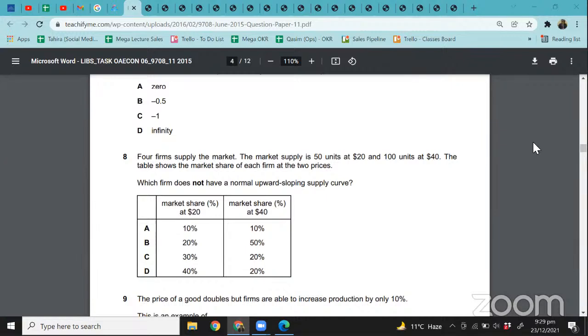Which firm does not have a normal upward sloping supply curve? The market supply is 50 units and 100 units at the two prices. Which firm does not have a normal upward sloping supply curve?